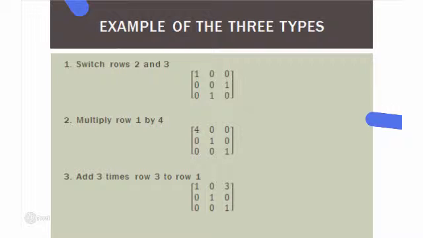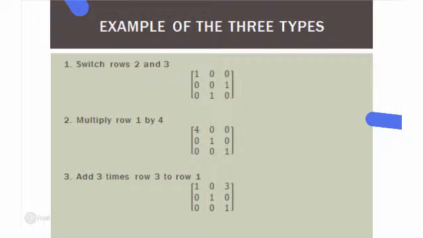So now 2, multiply row 1 by 4. It's our multiplicative identity, but in the first row, that 1 is changed to a 4. That'll multiply everything in the first row of an arbitrary matrix by 4. And then 3, add 3 times row 3 to row 1.